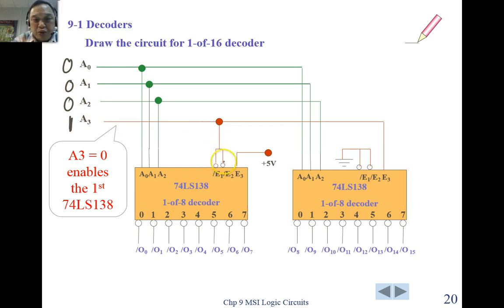You need a 0 to enable this one, so this one is disabled already. But you got a 1 here, the 5 volts, so this one is enabled. So 0, 0, 0, 1 is number 8, right? So your output number 8 is enabled. You got a 0 there, and the rest will be all 1. Like that only.